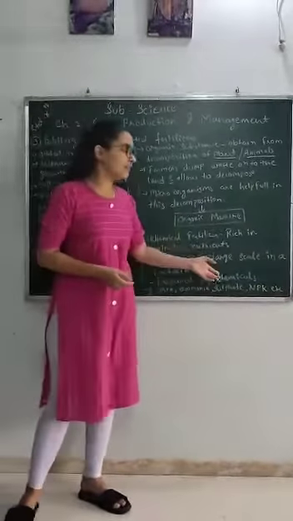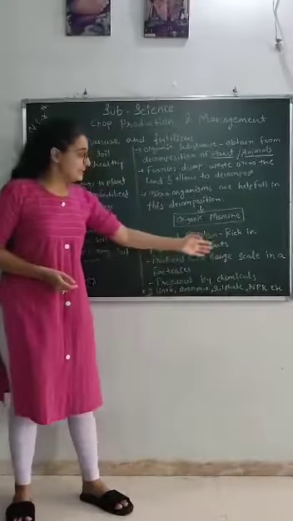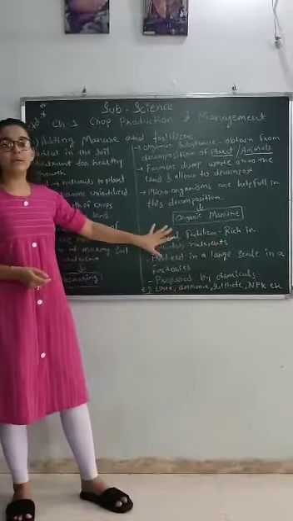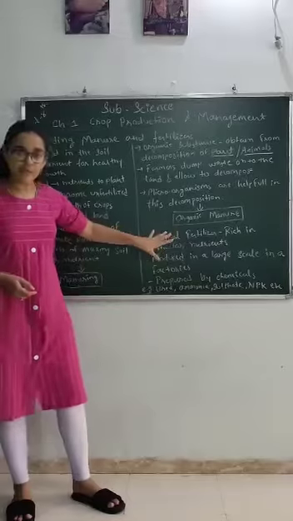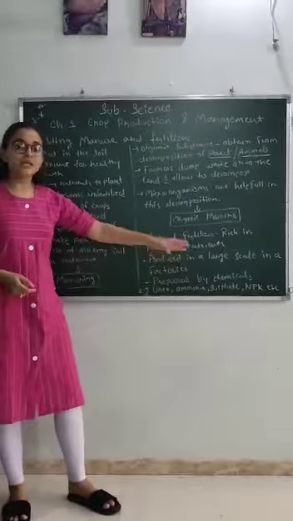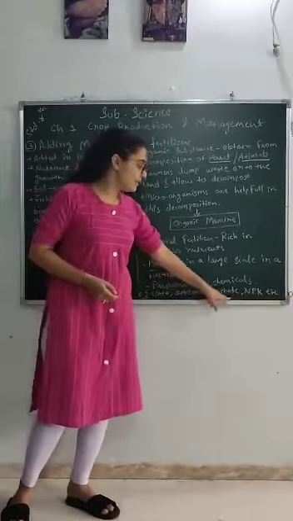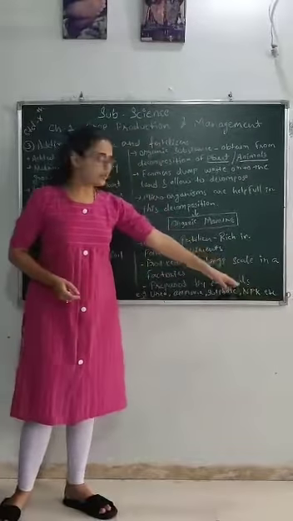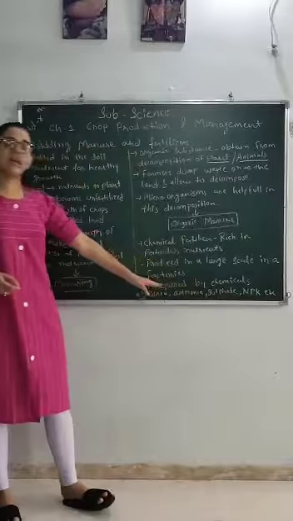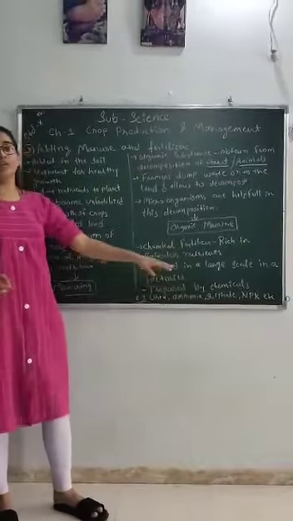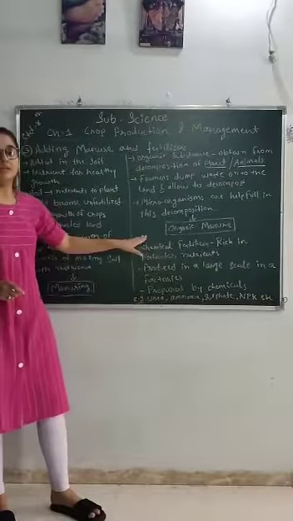So that's why we require some chemicals. An example is urea, ammonia, sulfate, NPK, etc. So NPK, sulfate, urea and ammonia are types of chemical fertilizer.